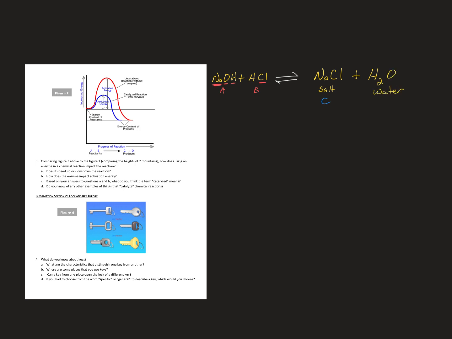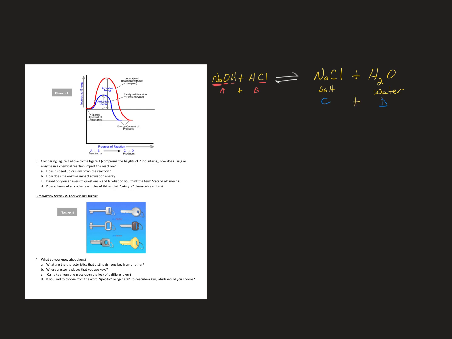And that would be D. So this is a type of reaction that you might see here. NaOH, A plus B in the reactants, yields at the end C plus D.